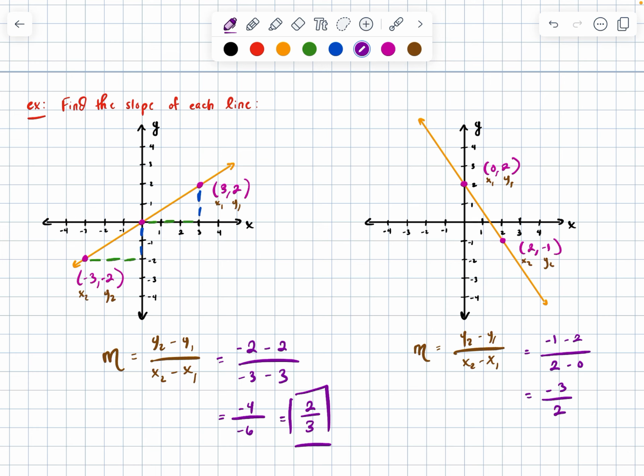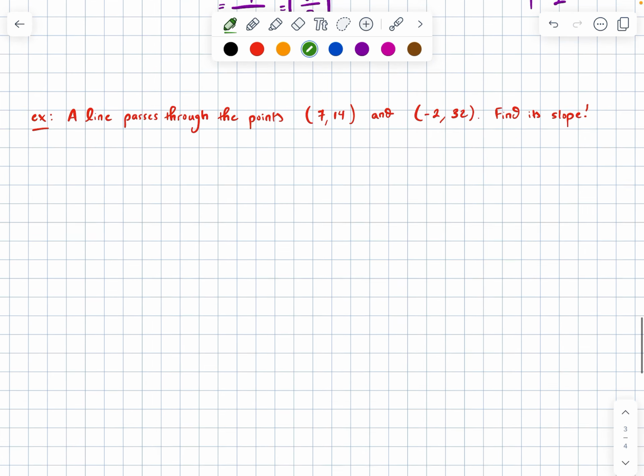Simplifying, -1 minus 2 is -3. 2 minus 0 is 2. -3/2 is going to be our slope, and it's a negatively sloped line, so it makes sense that there's a negative number. Again, I'm saying here that the rise is 3, so looking at that, 1, 2, 3, I go down in this case, and then over to the right 2. Look at that, my rise and run check out.